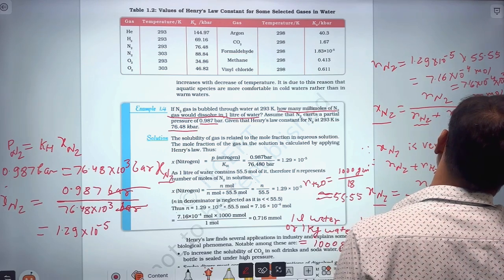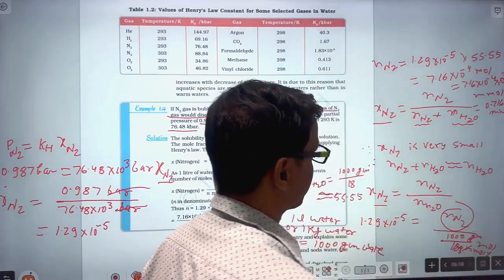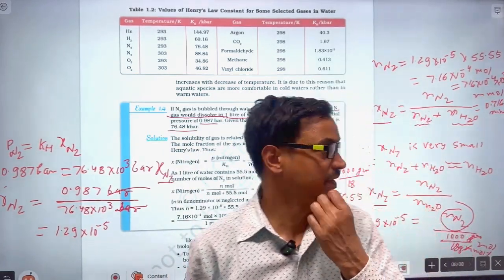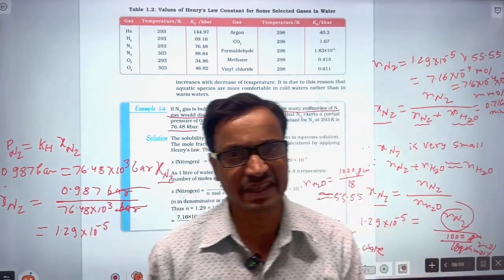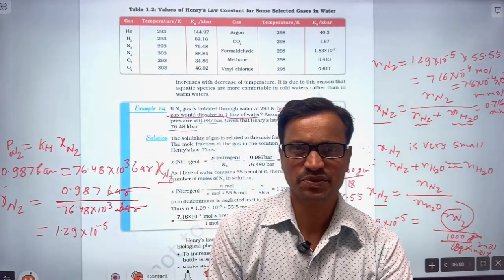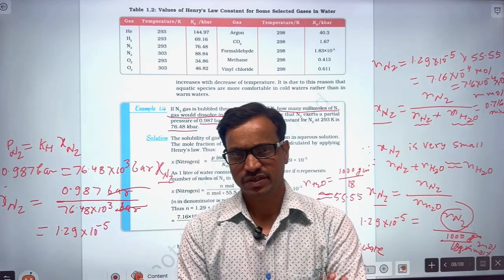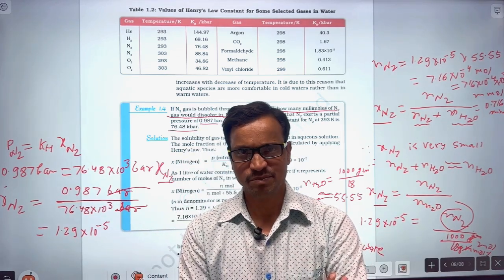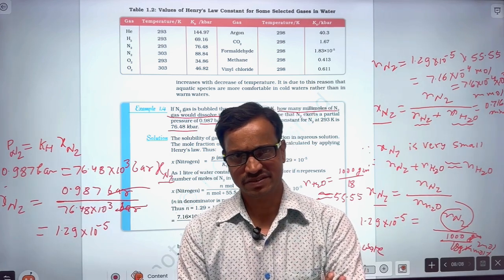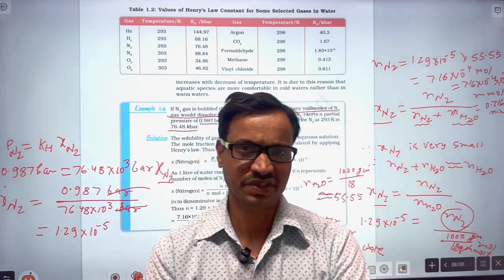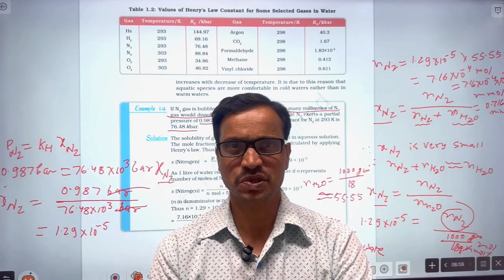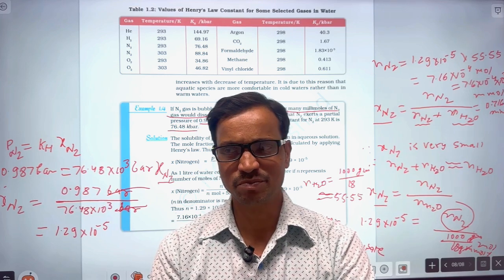So that means 0.716 millimole. Why here mole to millimole? Because when you have to convert 1 kilogram into gram, you have to multiply by 1000, because kilogram is a larger unit and gram is a smaller unit, and when you convert a larger unit into a smaller unit, you have to multiply.